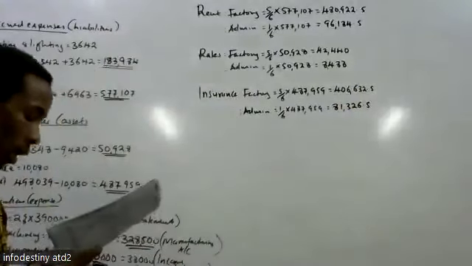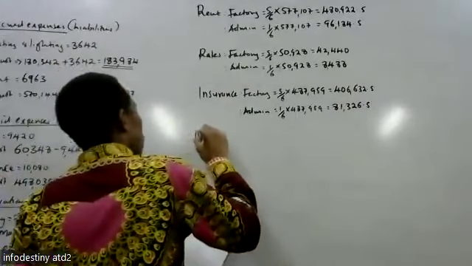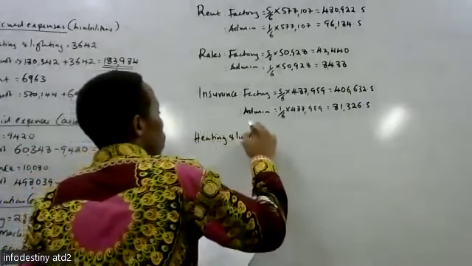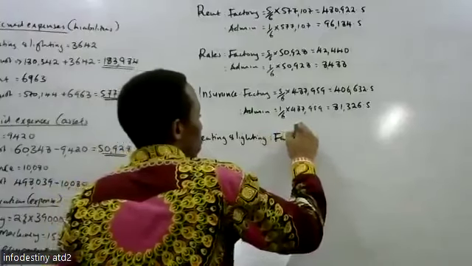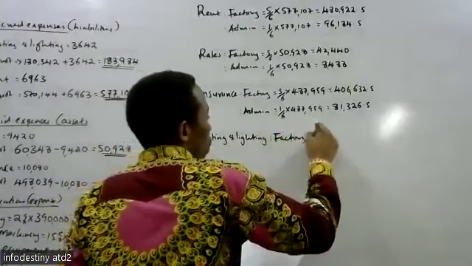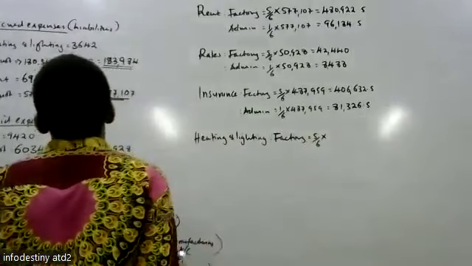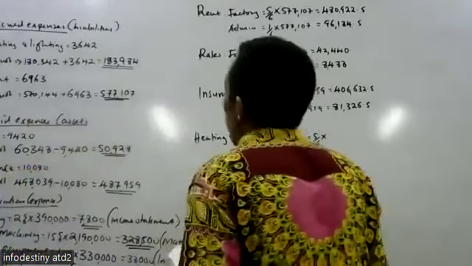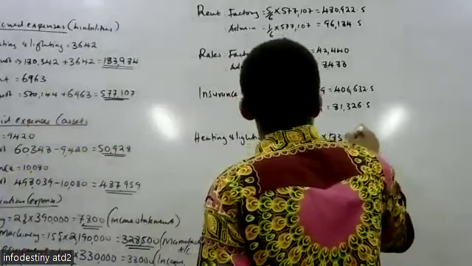326.5. And lastly is the heating and lighting. 5/6 of heating and lighting goes to factory, and we also use the adjusted amount, which is 183,984.